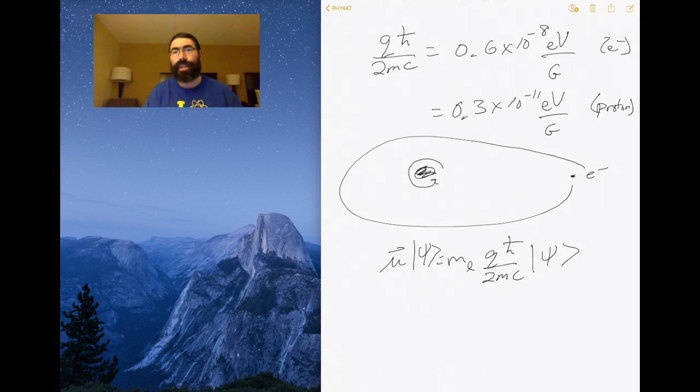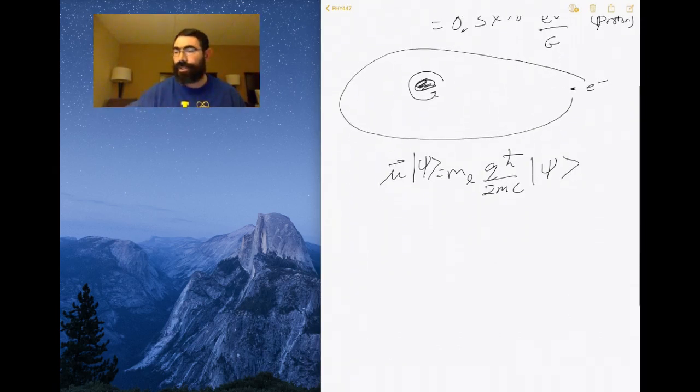Which just means now that you would get m's of L's 1, 2, 3, depending on what orbital you're in. So that's how orbital angular momentum leads to this magnetic energy.